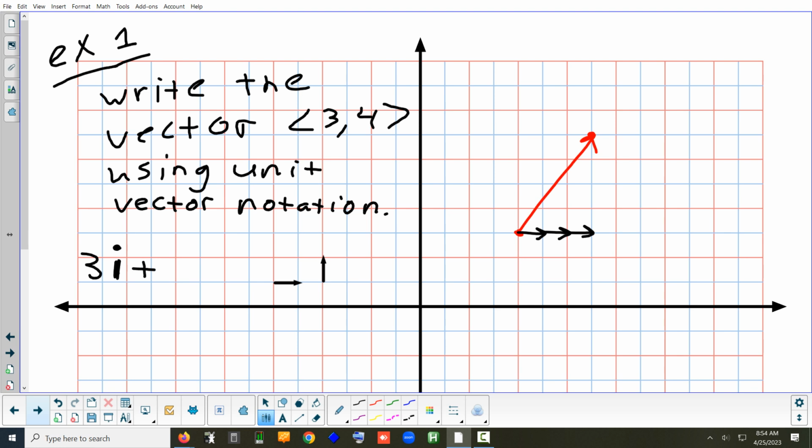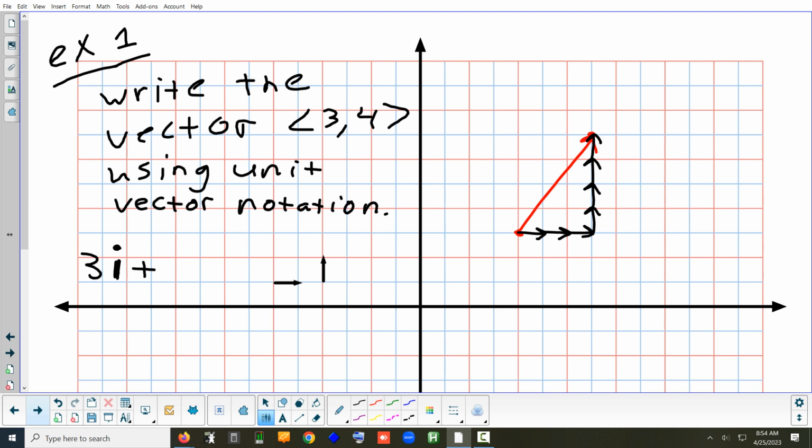So I did 3 of the I's, plus now I need to stack some more on the end of that until I get up to where I'm going to stop. How many do I need? Well, there's 1 J, 2 of the J's, 3 of the J's, and 4 of the J's.